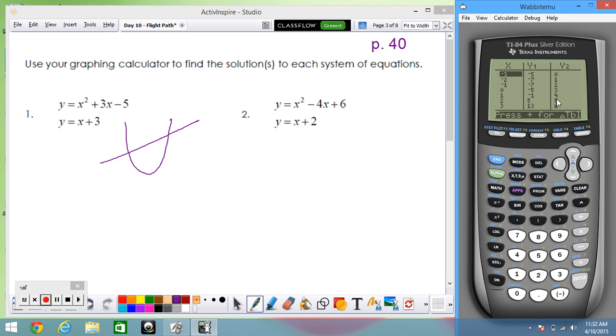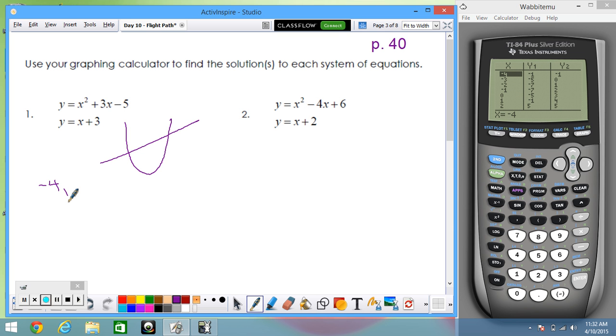This is a hunt and peck thing. Okay, I found one of them. It's at 2. And if they're integers, I could find the other one. Oh, there it is, -4. So I've got the point -4, -1 is a solution, and then 2, 5 is a solution. And for number 1, that works out pretty well using just the graph and the table.